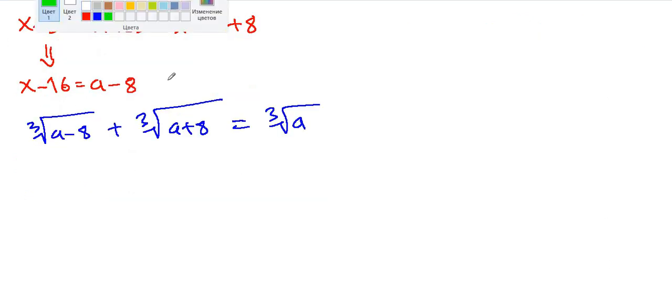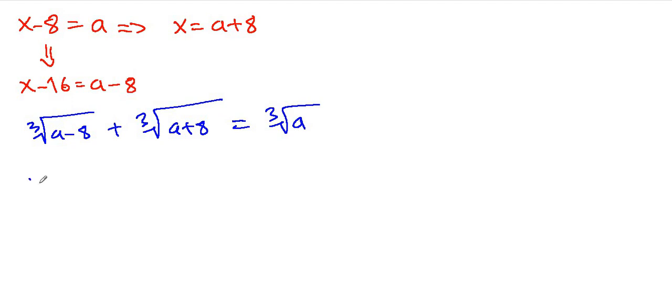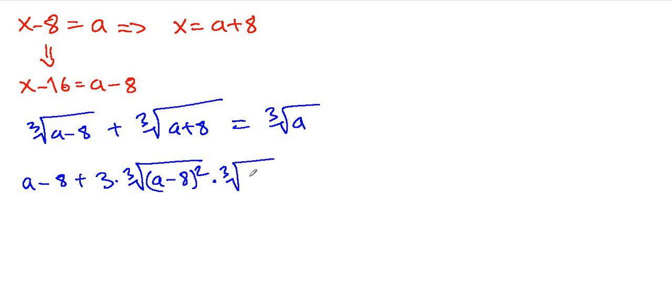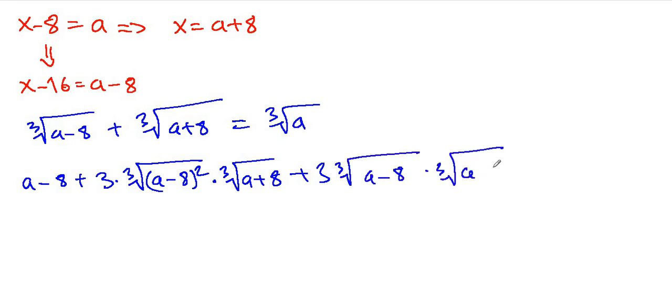So the left hand side is a minus 8 plus 3 times cubic root of a minus 8 to the power of 2 times cubic root of a plus 8, plus 3 times cubic root of a minus 8 times cubic root of a plus 8 to the power of 2, plus a plus 8, and this is equal to a.